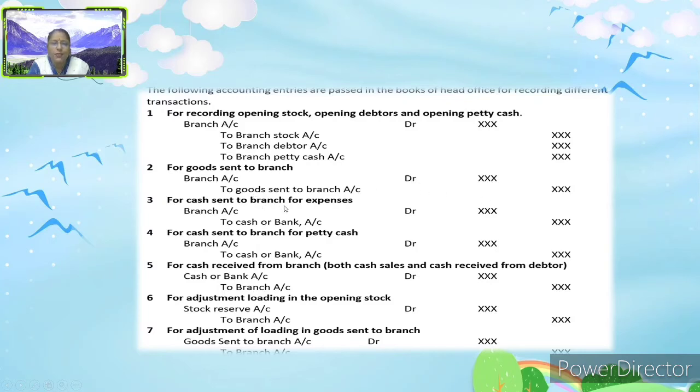For cash sent to branch for expenses: branch account debit to cash or bank account. Then for cash sent to branch for petty cash: branch account debit to cash account. For cash received from branch: cash account debit to branch account. For adjustment of loading in the opening stock: stock reserve account debit to branch account. For adjustment of loading in goods sent to branch: goods sent to branch account to branch account.